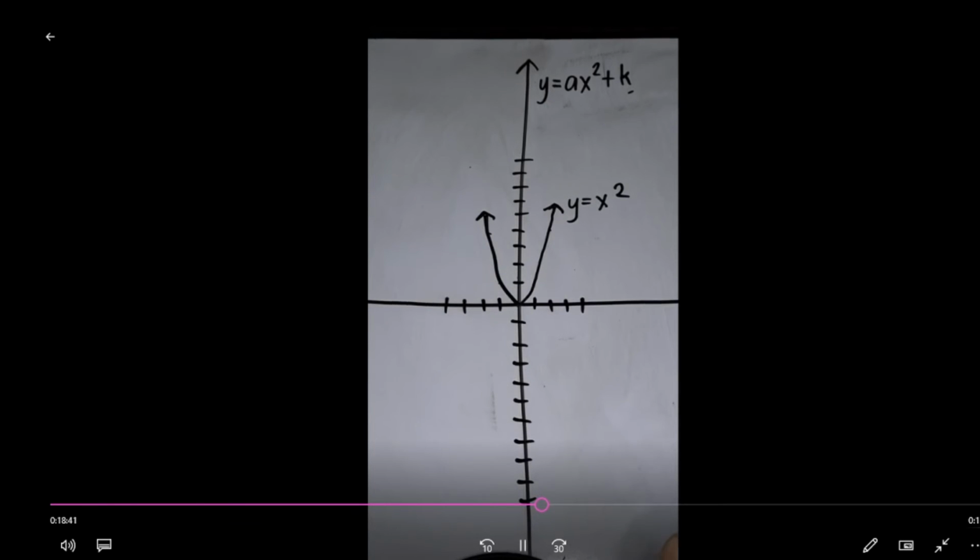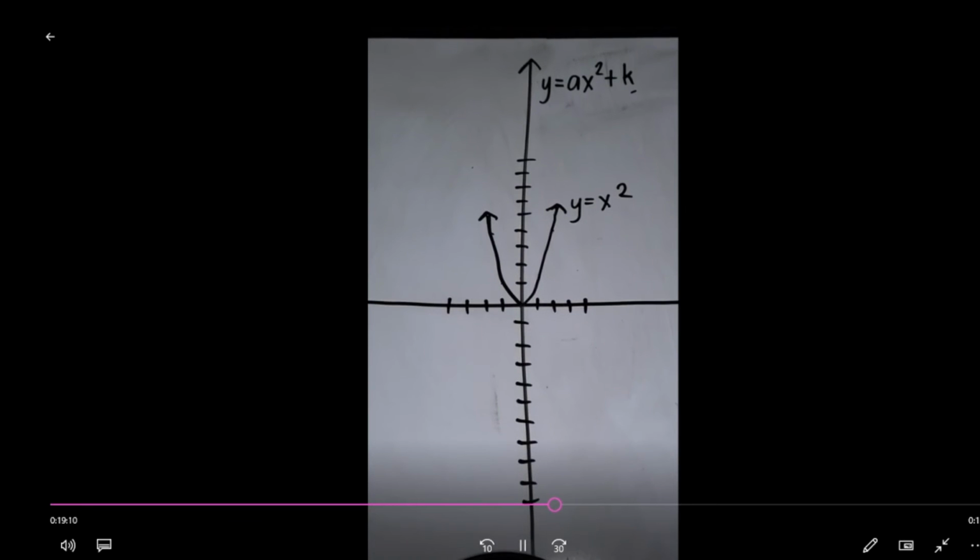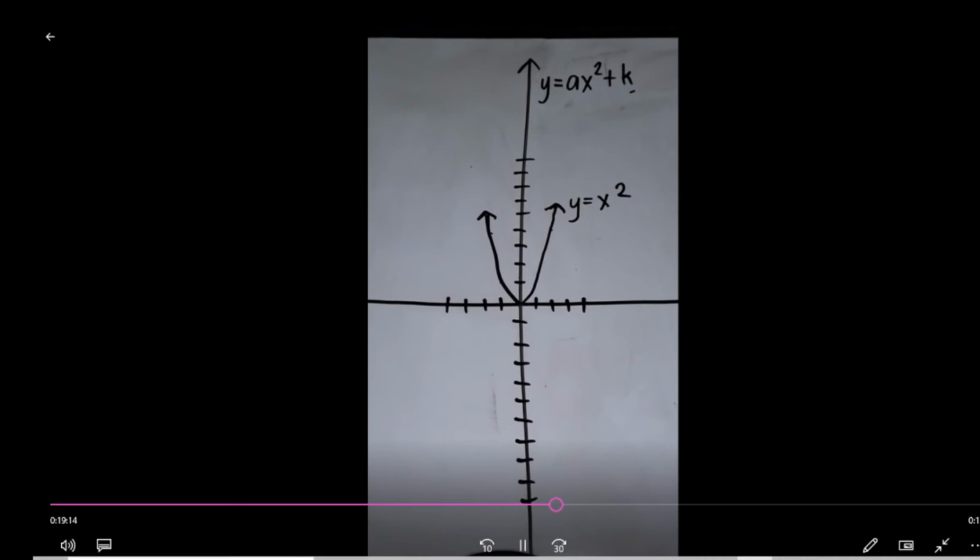So take note, if h leads to horizontal movement of the graph or shifting the graph from left to right, ang value ng k, the value of k leads to vertical movement. Vertical movement or movement upward or downward. Okay? I am not talking about the opening but shifting the vertex upward or downward.